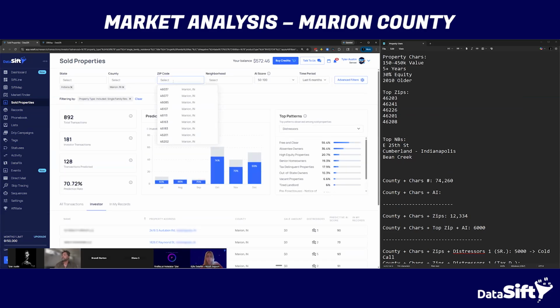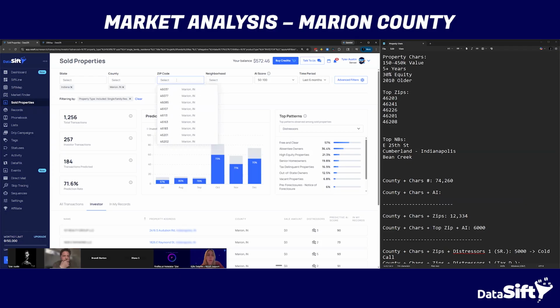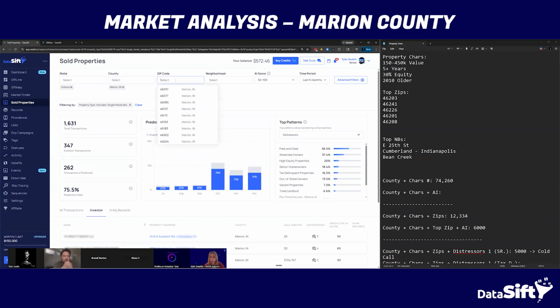So something I also want to say is, if you don't have AI score, if you're not paying for that subscription, is it still useful to look at the AI score on sold properties? And the answer to that is absolutely yes, because it gives me another lever from market analysis to validate that when I apply my zip codes in here, look, it's just going up right now. These are great zip codes. 46201. Up even more.